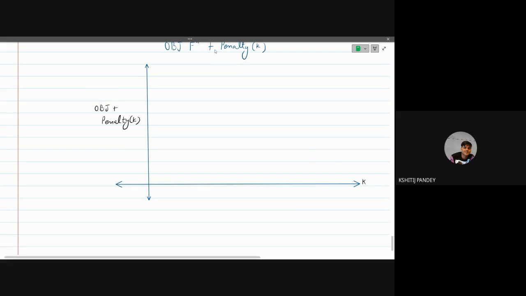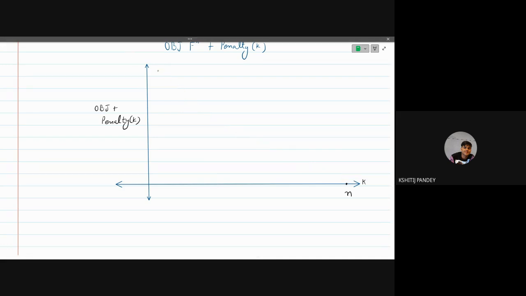So at k is equal to n, you'll have 0 value of objective function, and at k is equal to 1, you'll have very high value of objective function. So the function will be like this.